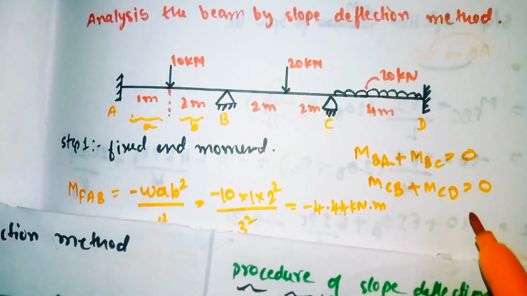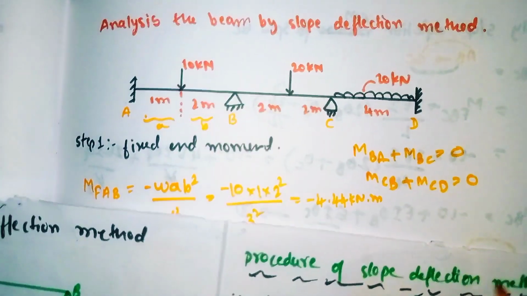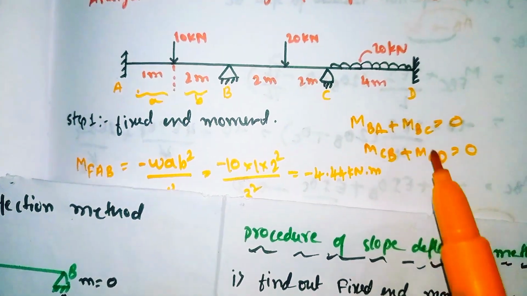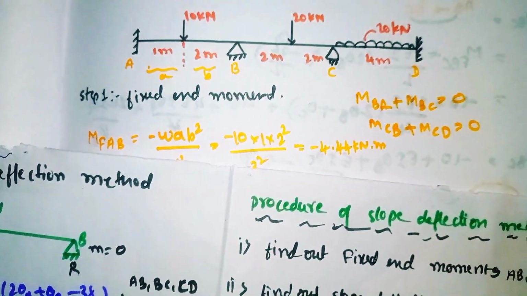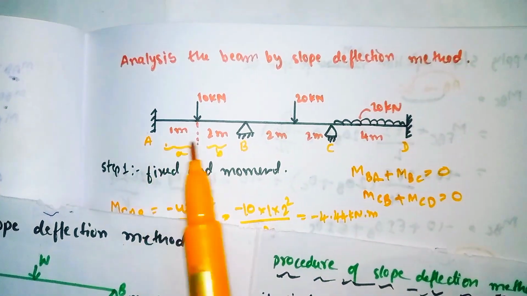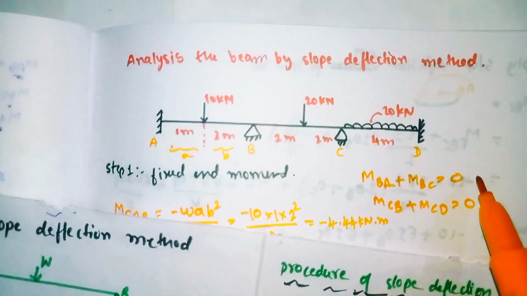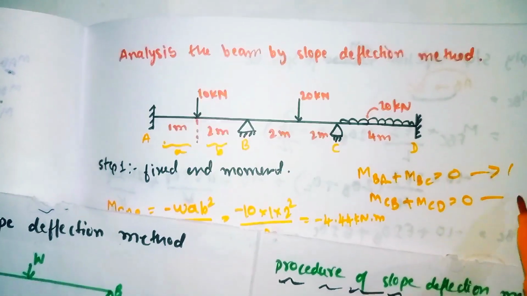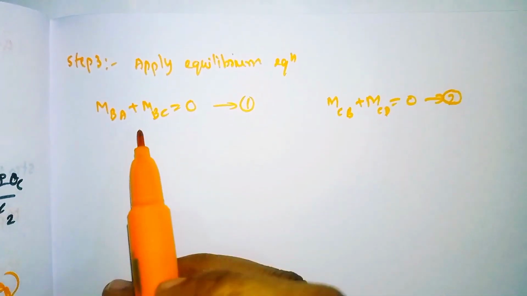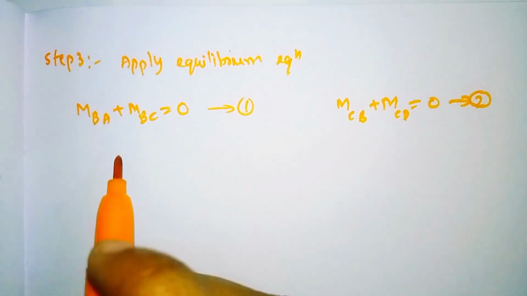So these are the equilibrium equations for this problem. When we have 4 points, we have to do it like this. Now we will apply condition 1 and condition 2, both. This is our first condition and this is our second condition. Now we will see one by one.